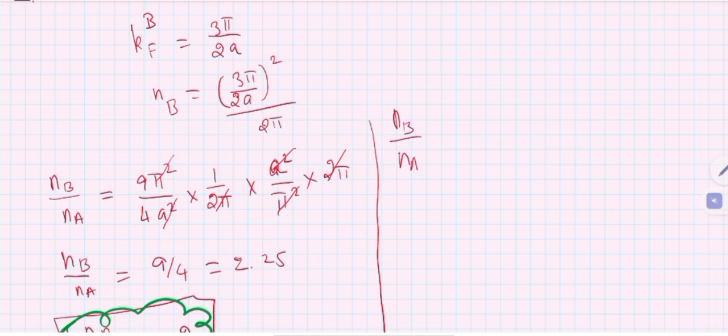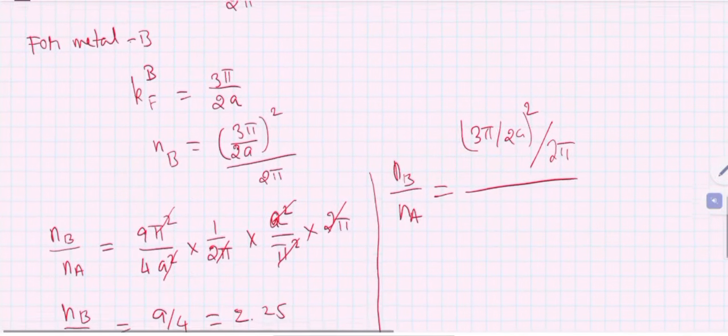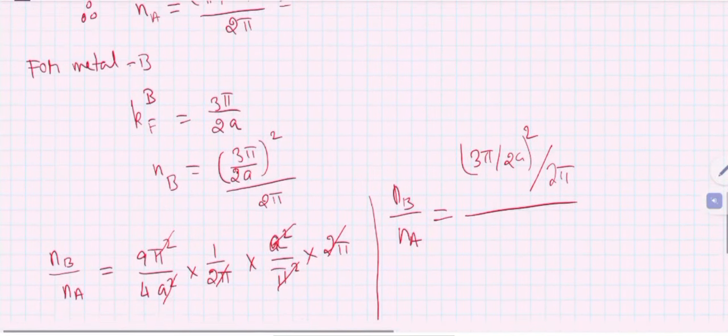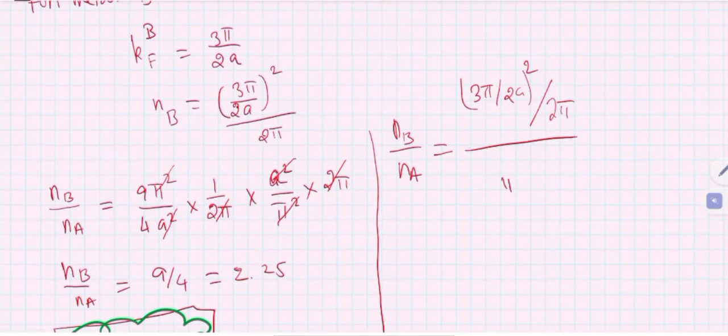NB by NA is equal to 3 pi by 2a the whole square by 2 pi, divided by NA, which is pi by a the whole square by 2 pi.